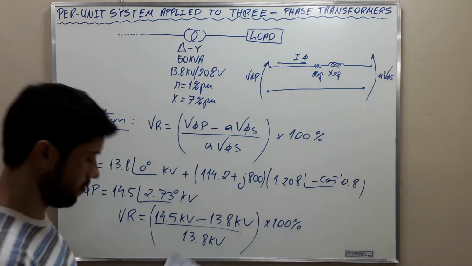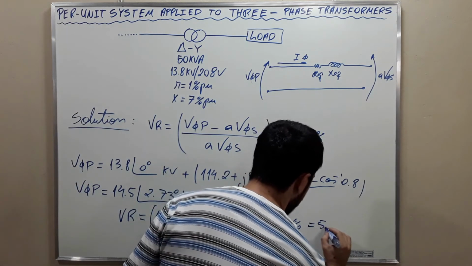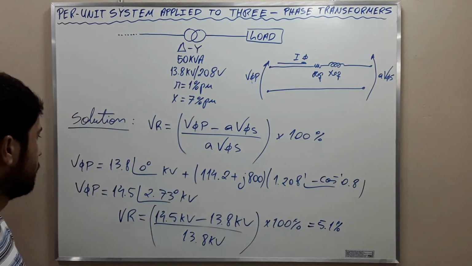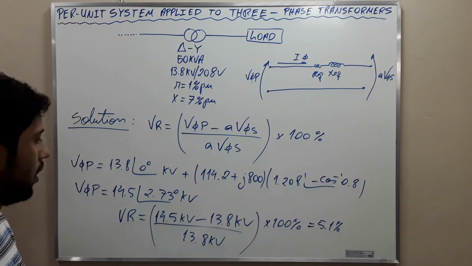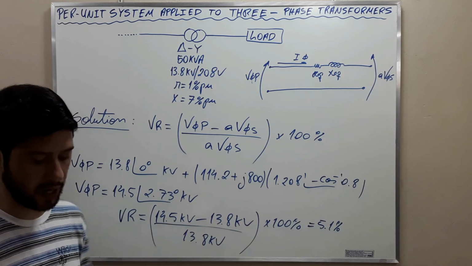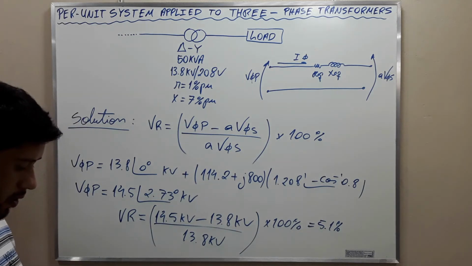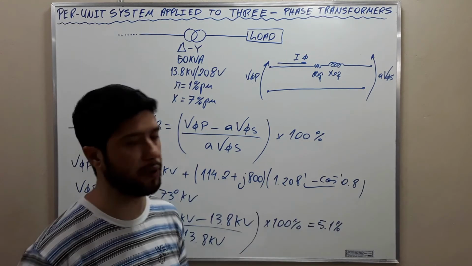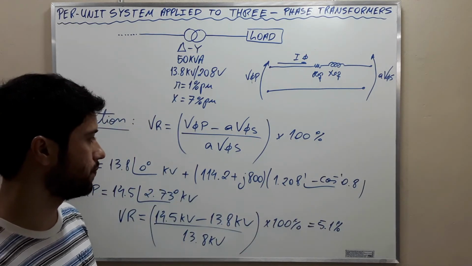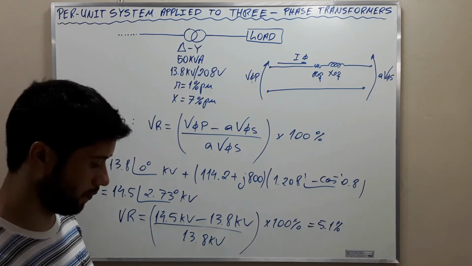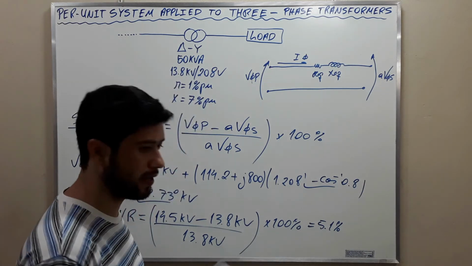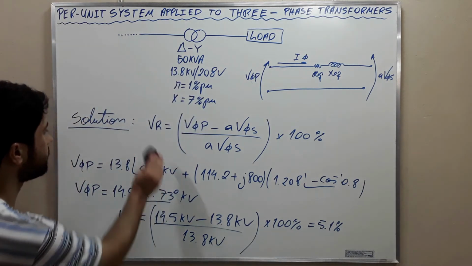And this is 5.1%. So this is the voltage regulation for the lagging power factor 0.8. So this is the result of letter B. Now let's go to letter C.